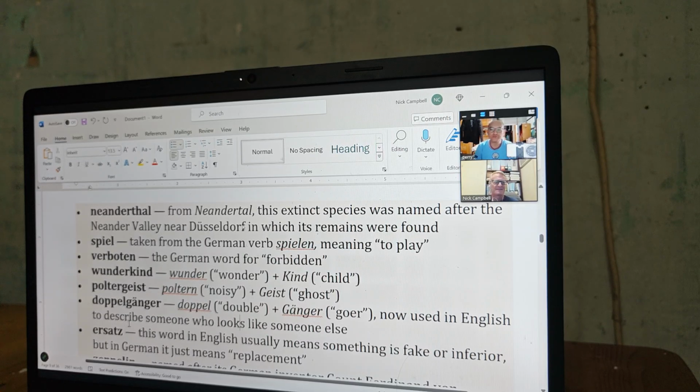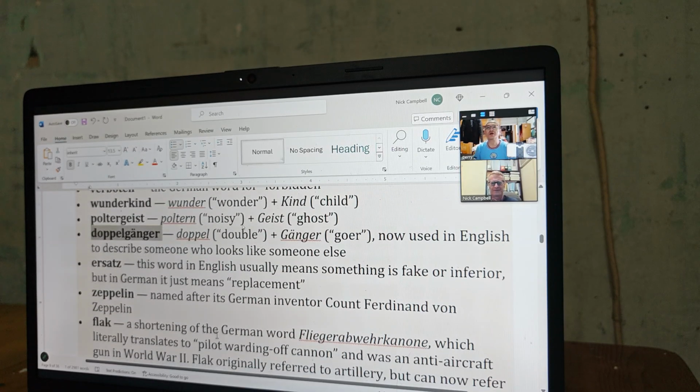And this one is a very nice word that we use in English, a doppelganger. A doppelganger is when you see someone who looks exactly the same as another person. They are the double of someone. So, for example, maybe I see someone in town and I say, "Hey, Perry."